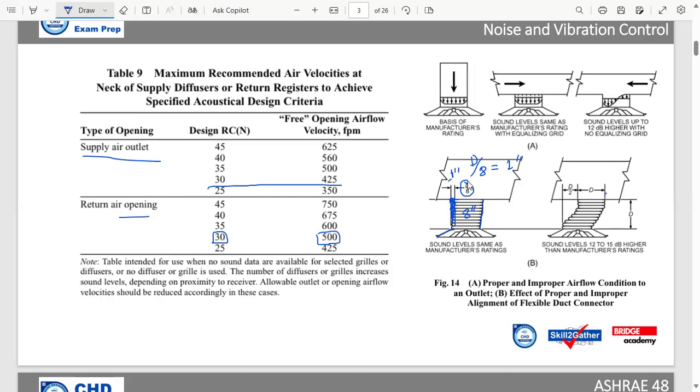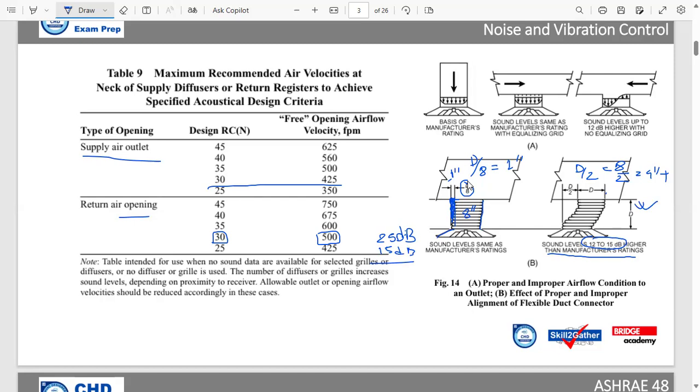However, if the deviation is more, let's say D by 2 or more, meaning 8 by 2 is equal to 4 inches plus, in that scenario the sound level is 12 to 15 decibels higher than the manufacturer rating. For instance, if you look up the manufacturer rating and find, let's say, 25 decibels, that is the manufacturer's rating. Now, what ASHRAE is suggesting is to add 15 decibels to it in this particular scenario only.